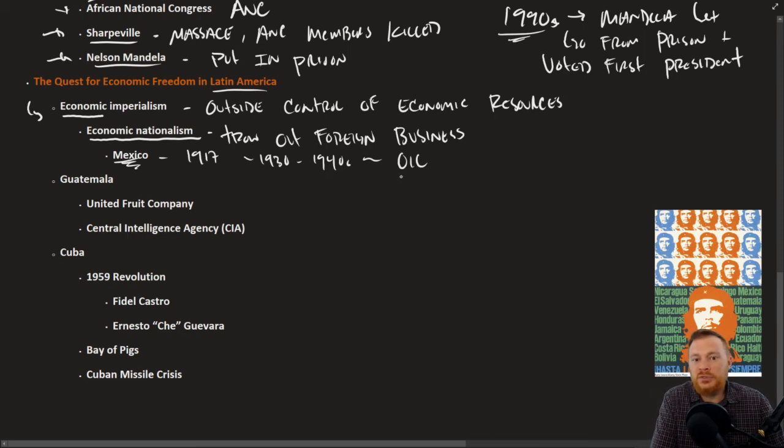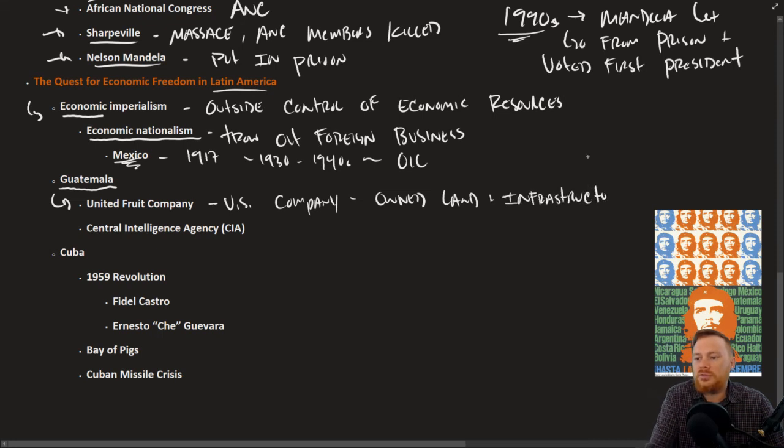Other examples of trying to distance oneself from outside economic control include the case of Guatemala. In Guatemala, the United Fruit Company, this was a U.S. company, owned most of the land and infrastructure in Guatemala.